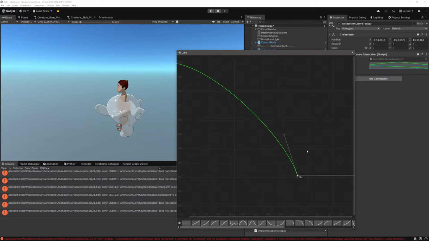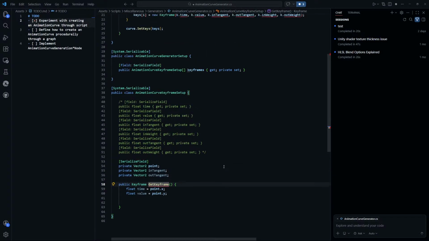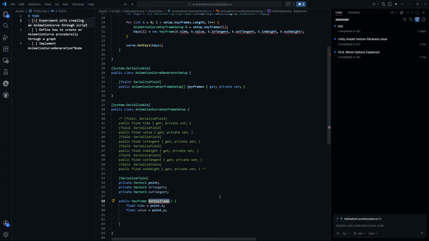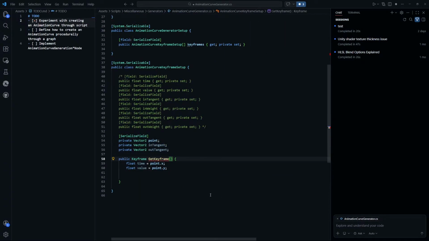But the weight. Get keyframe. Can we do this then?